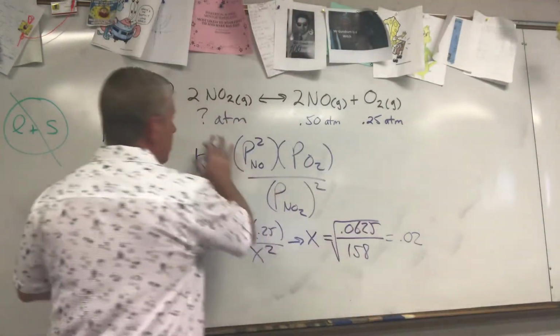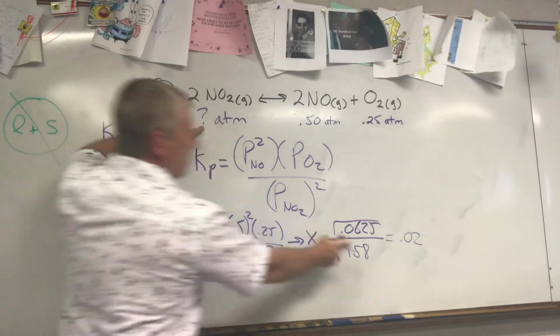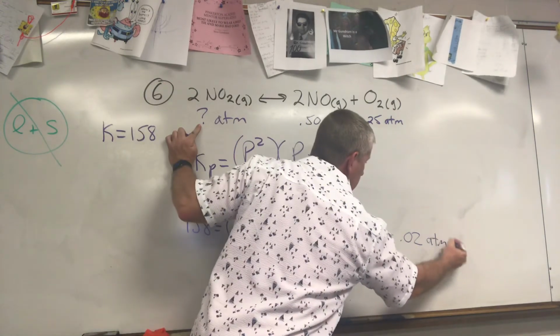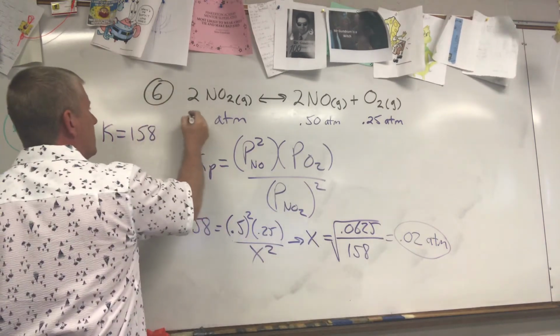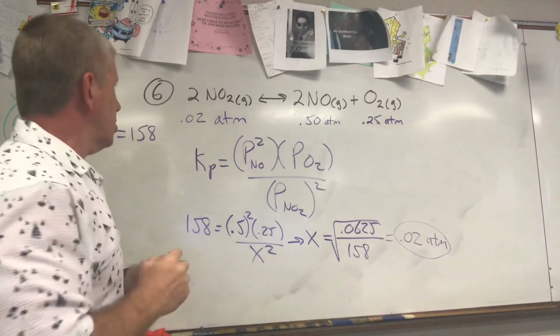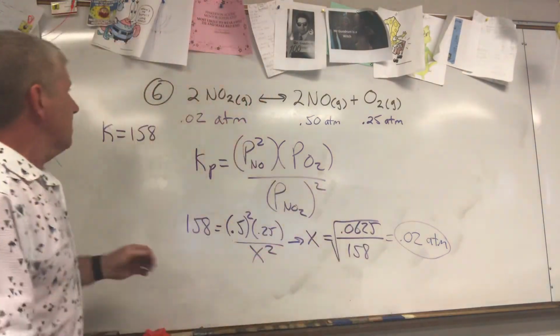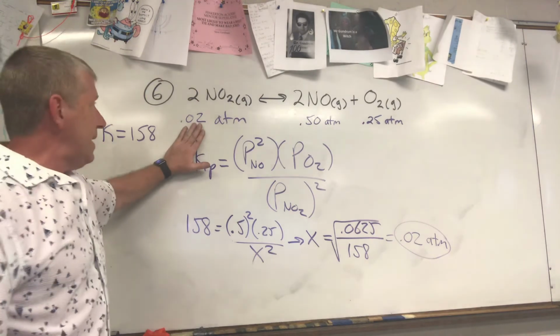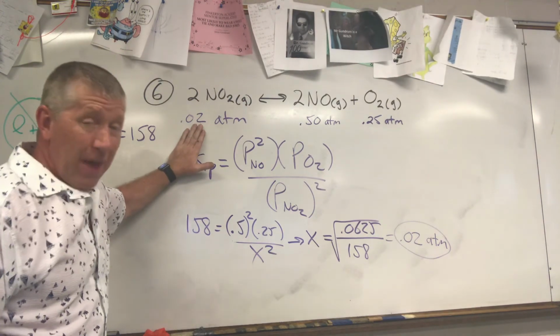So that is the pressure that this gas, remember we were figuring this out. So this is atmosphere. This gas here, the nitrogen dioxide, provides 0.02 of it. Now I hope that makes sense because this hardly provides anything at all. There's not a lot of pressure provided by this because we don't have a lot of it.